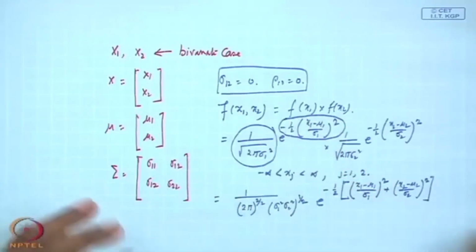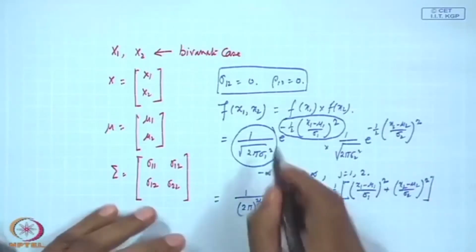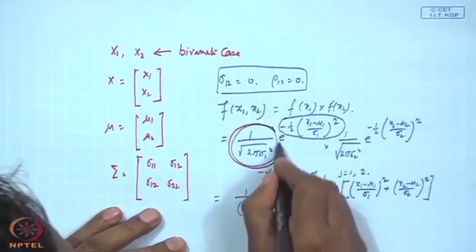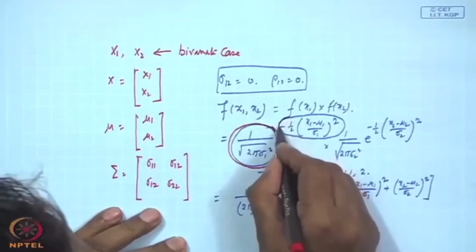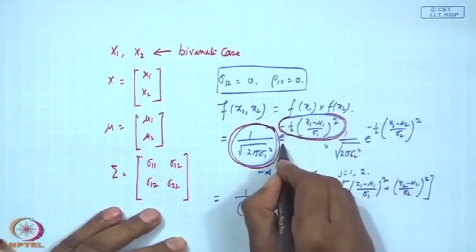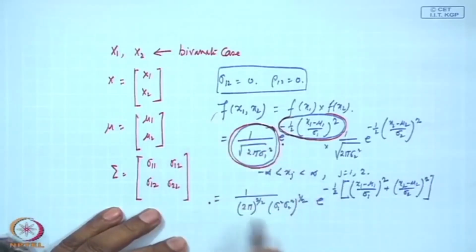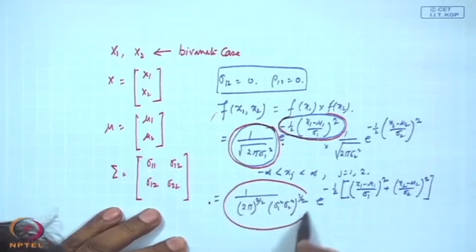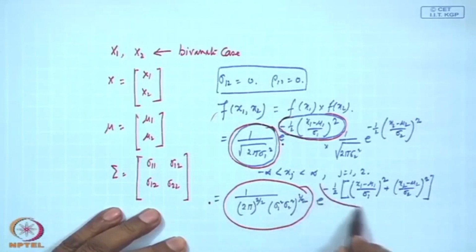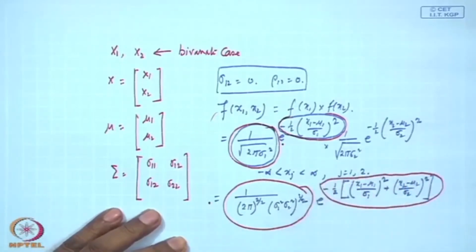One part is the constant, another part is the exponent, meaning e to the power something. And when you make the joint distribution here also, you have two parts, this and this.